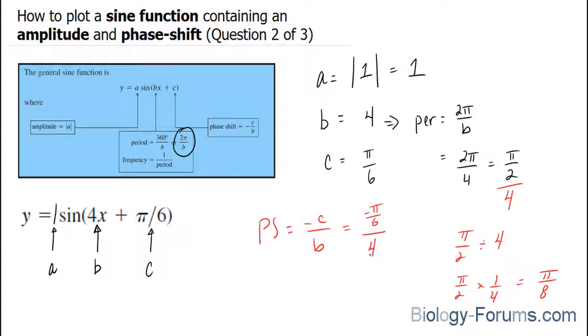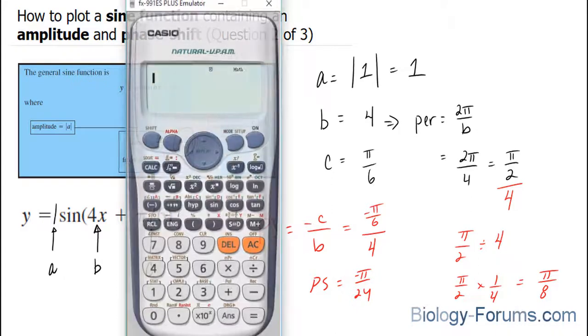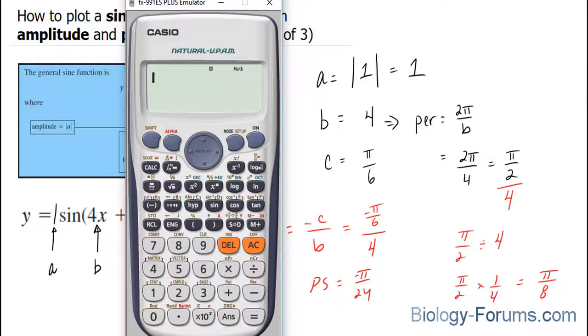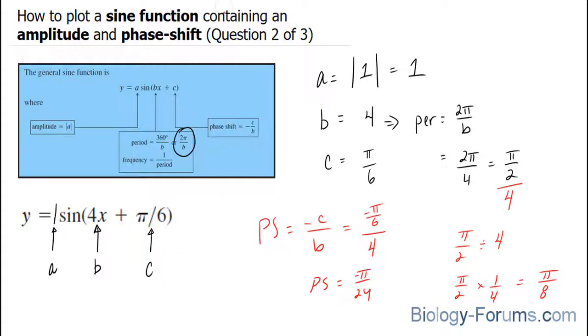So our phase shift is equal to negative pi over 24. Now, if you don't know how to do that, you can use your calculator for this one. Negative pi over 6 divided by 4 is equal to negative pi over 24. That will help us determine how to shift our graph once we've graphed it.